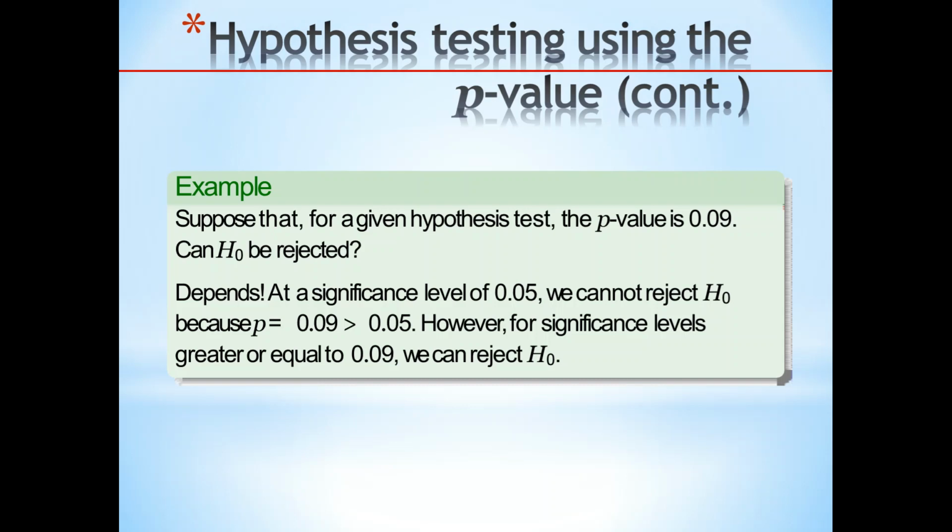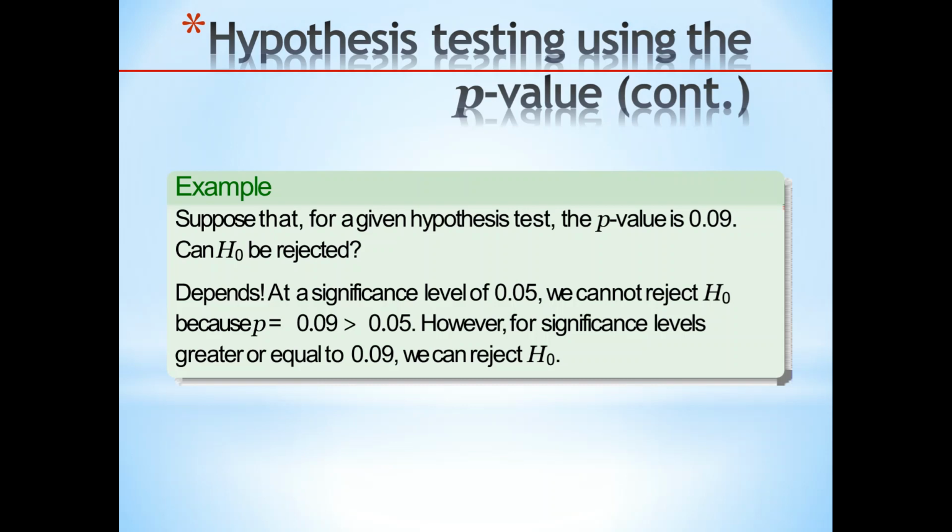And an example is given here. Suppose that for a given hypothesis test, the p-value is 0.09. Can the null hypothesis still be rejected? Now, this completely depends on the significance level. If the significance level is 0.05, that means the confidence level is 95%.